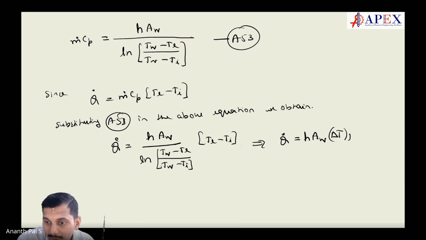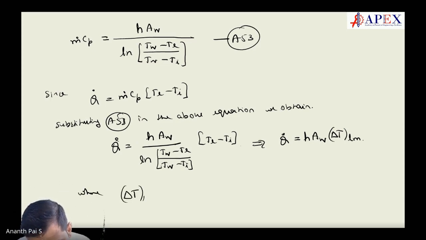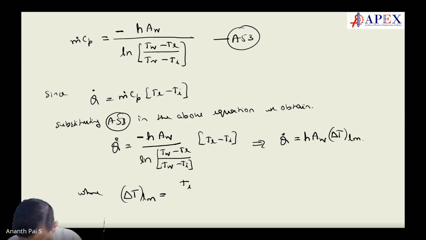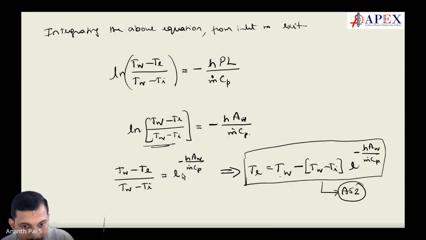Now this can be written as q dot is equal to h a wall into delta t log mean, where delta t log mean is equal to... I'm very sorry, there is a minus which I missed here. In m dot cp there is a minus, is it not?